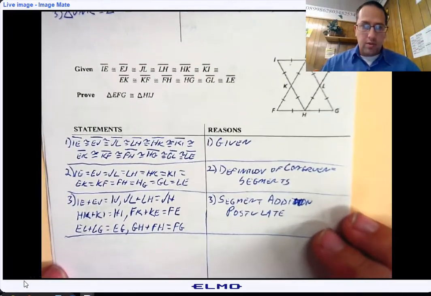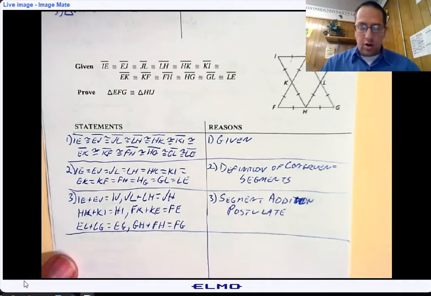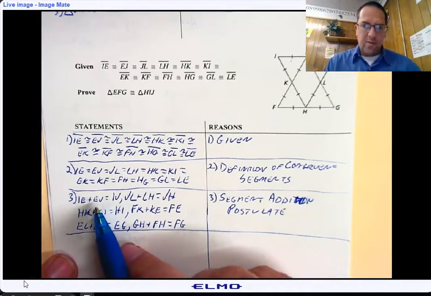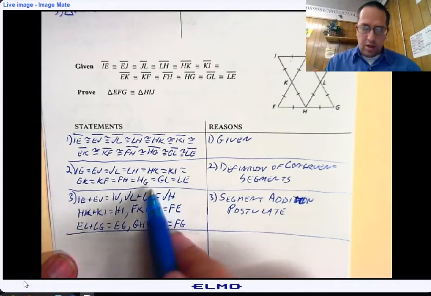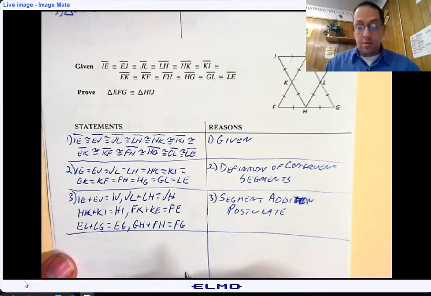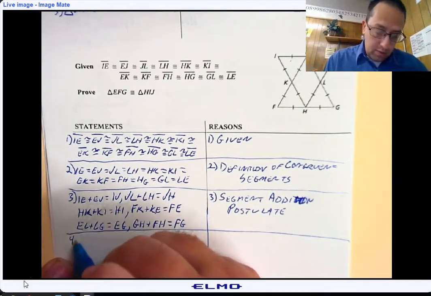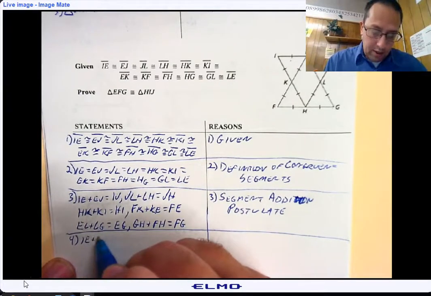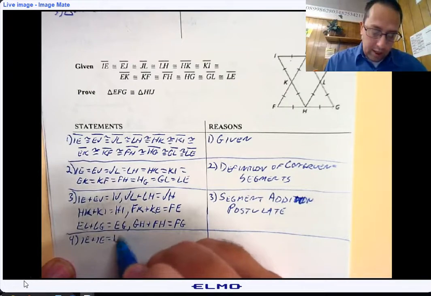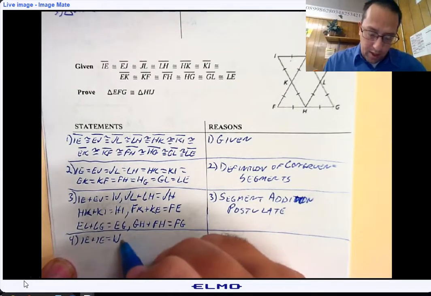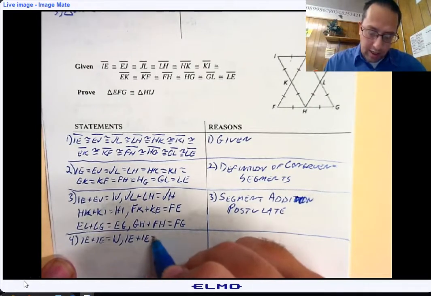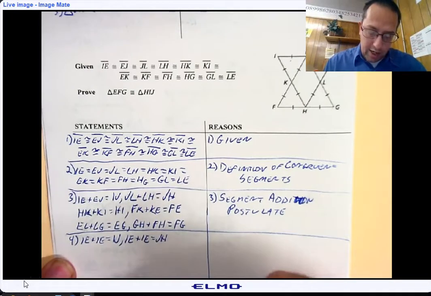So what I'm going to do is take all of these and substitute IE for everything, because everything here equals the length of IE. So I'm going to substitute IE for all of it. So in step 4, I'm going to change all of this to say IE plus IE equals IJ. IE plus IE equals JH.